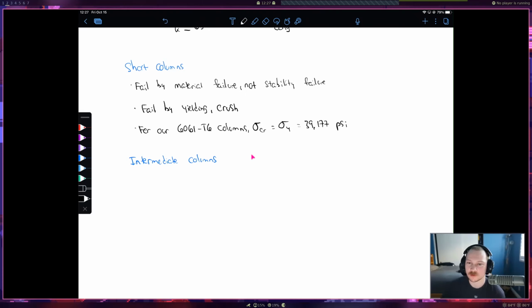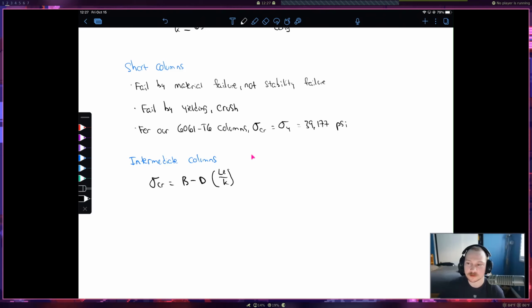This is given to us from the manufacturer, and the manufacturer basically supplies some constants.